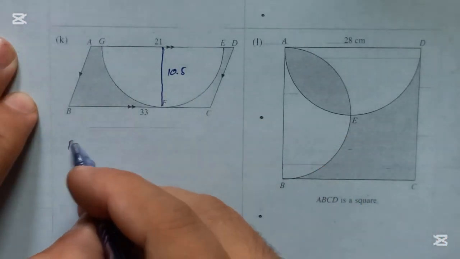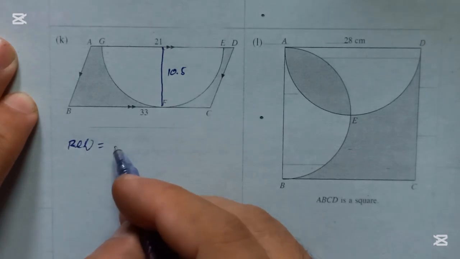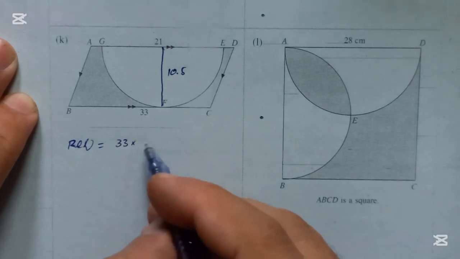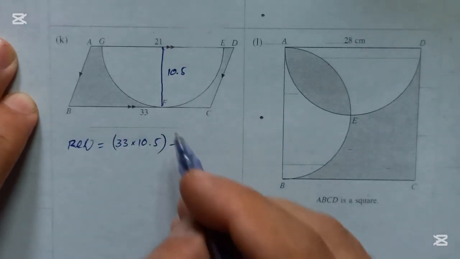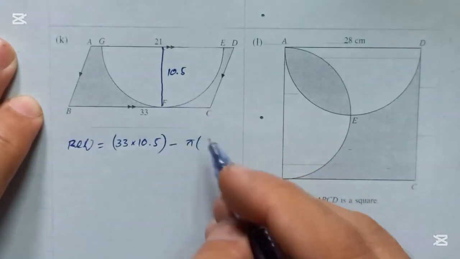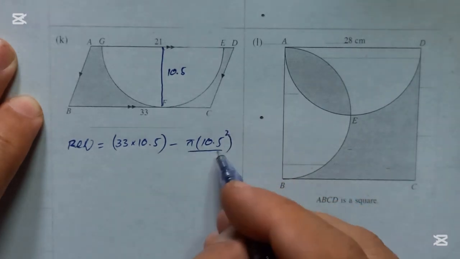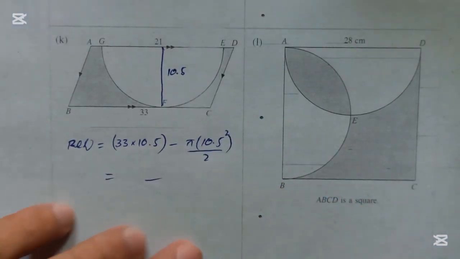So the required area is equal to base into perpendicular height. From this, semicircle should be subtracted, pi r square by 2, r is 10.5. Solve it on the calculator, you will get the answer.